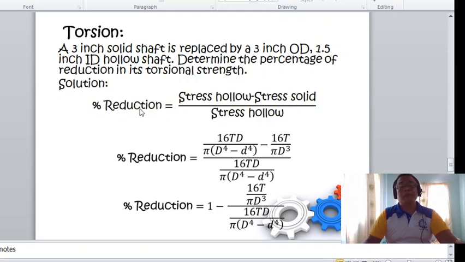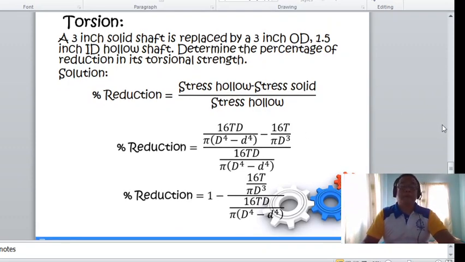Minus, for the solid, 16T over pi d cubed, over the hollow, which is 16TD over pi times D to the 4th minus d to the 4th. So, dividing 16TD over pi D to the 4th by 16TD over pi D to the 4th is equal to 1. And then, 16T over pi d cubed divided by 16TD over pi times D to the 4th minus d to the 4th.